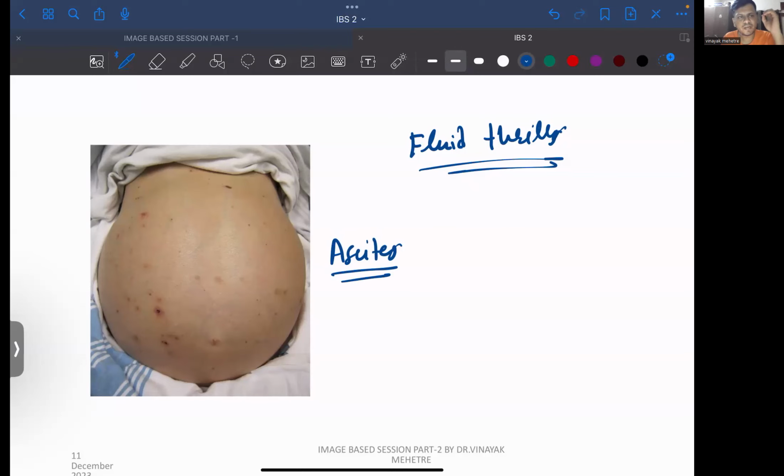Which parameter decreases when we are doing ascitic tap? पेशेंट कैन गो इनटू हाइपोटेंशन, बीपी कम हो सकता है.